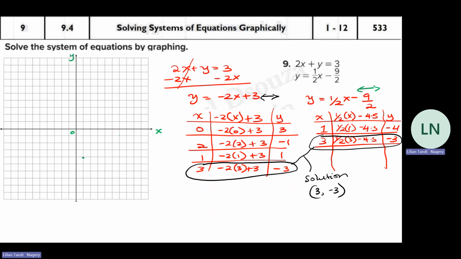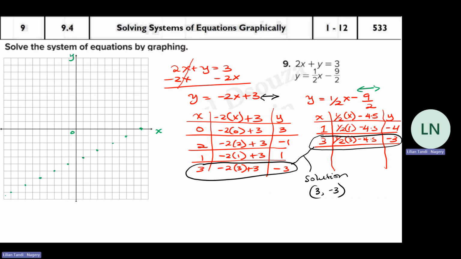And 3, negative 3, right there. Then I use my slope, 2 to the right, 1 up, repeated. Then I go 2 to the left, 1 down, repeated.